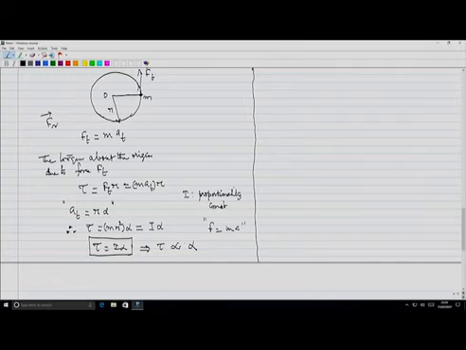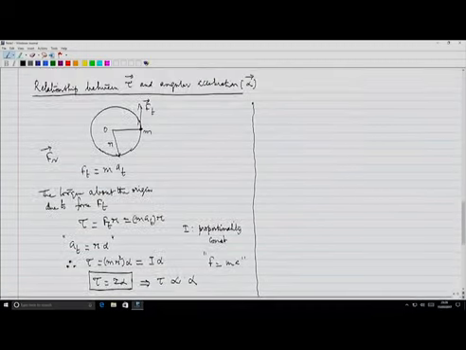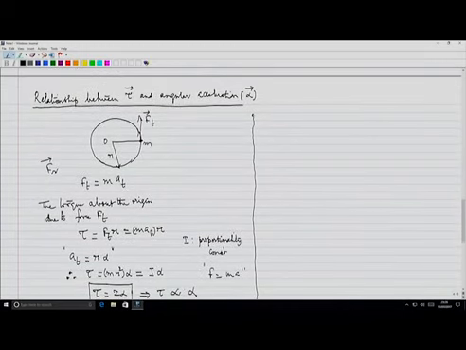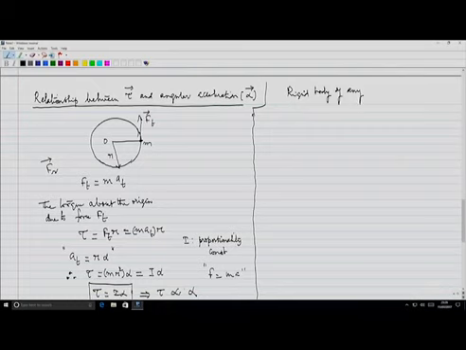Now, we extend the discussion to a rigid body of any shape but rotating about a fixed axis.